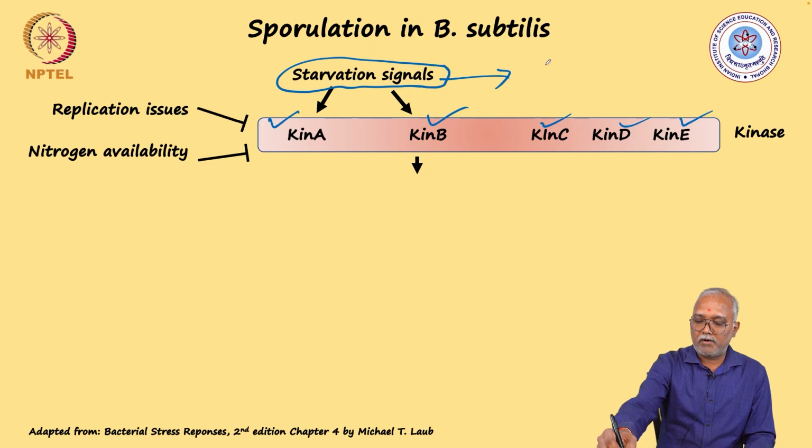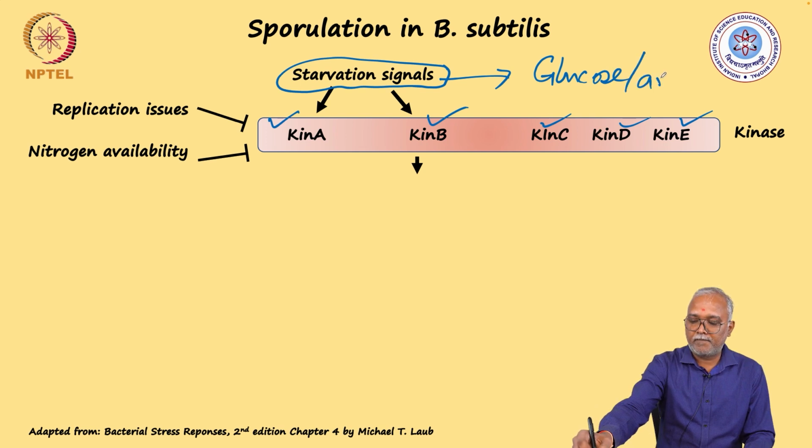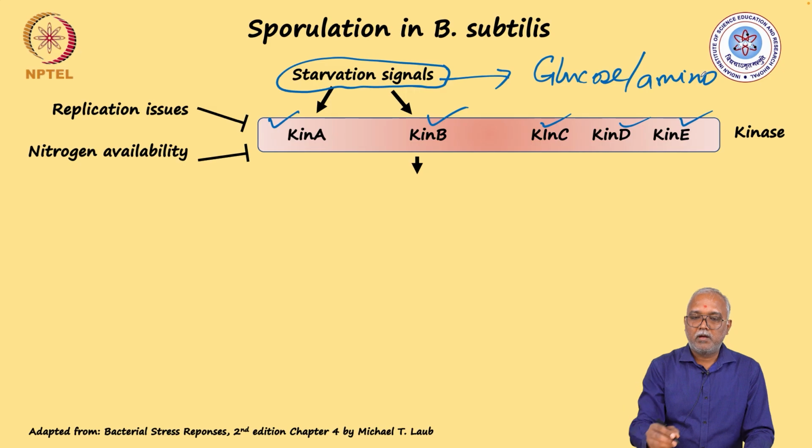Suppose it is the availability of glucose, a nutrient of that sort, or an amino acid. This receptor does not respond to changes in the levels of these nutrients, but when the nutrient level goes down because of excess population, these receptors are activated.